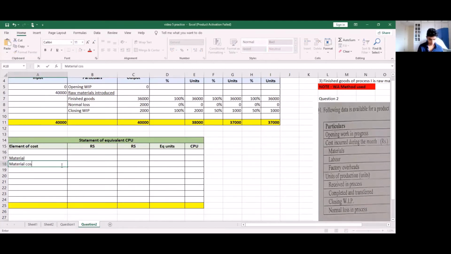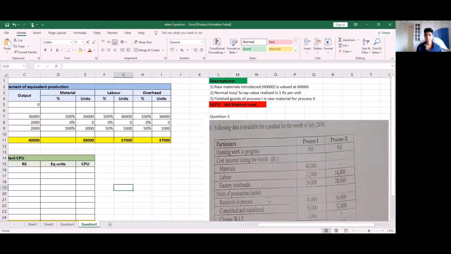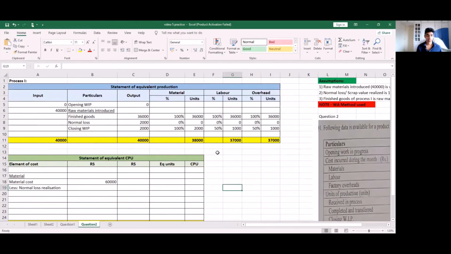as 60,000. From this 60,000, we will subtract our normal loss realization. In our assumptions, we said that we are assuming that our scrap value realizes 1 rupee per unit. We know that our normal loss units is 2000. So our normal loss realization will be 2000 into 1, which is 2000 itself.